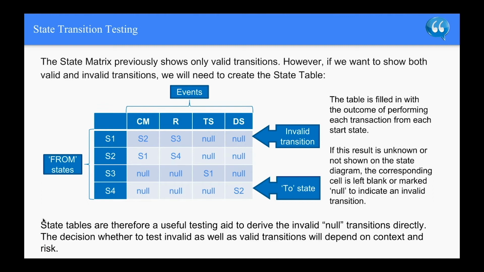If the result is unknown or not shown on the state diagram, the corresponding cell is left blank or marked as null to indicate an invalid transition. State tables are therefore a useful testing aid to derive the invalid null transitions directly. The decision whether to test invalid as well as valid transitions will depend on the context and risk.